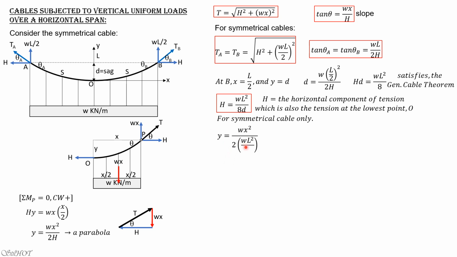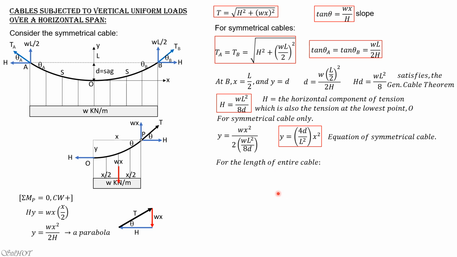So y equals wx squared over 2h, and h is wl squared over 8d. So the equation of the cable is y equals 4d over l squared times x squared. This is the equation of the symmetrical parabolic cable.